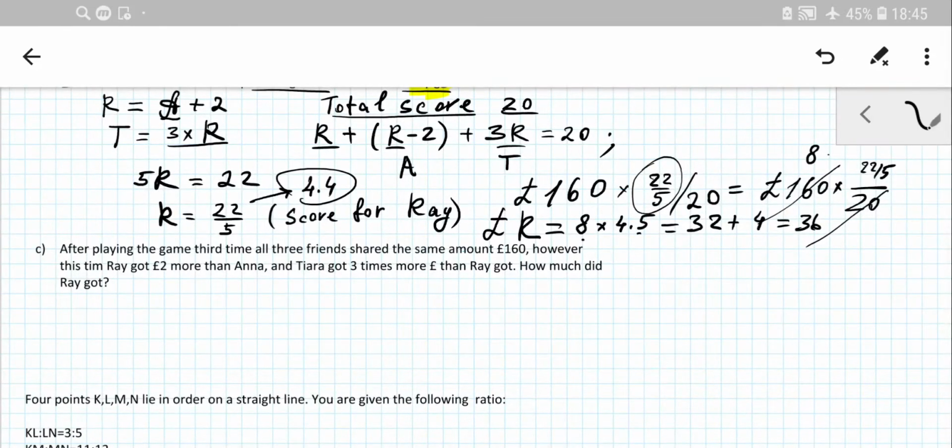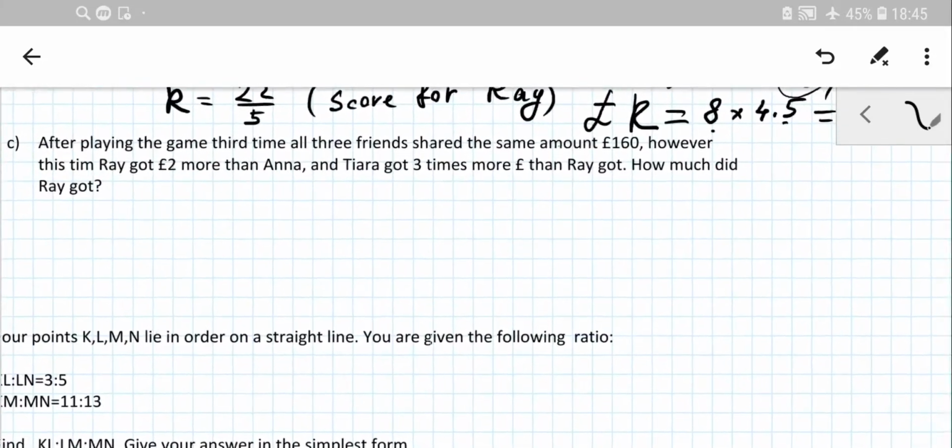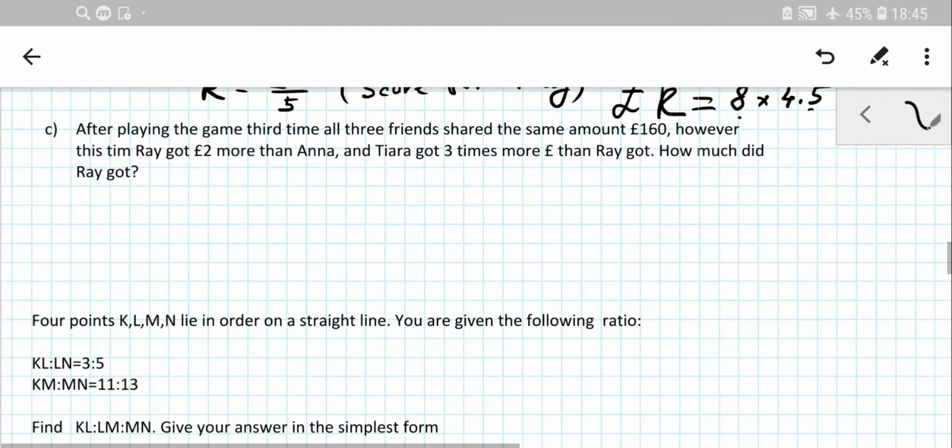Cool. Let's move next. After playing the game a third time, all 3 friends shared the same amount, 160. However, this time, Ray got 2 pounds, not 2 points, but 2 pounds more than Anna. And Tiara got 3 times more pounds than Ray got.